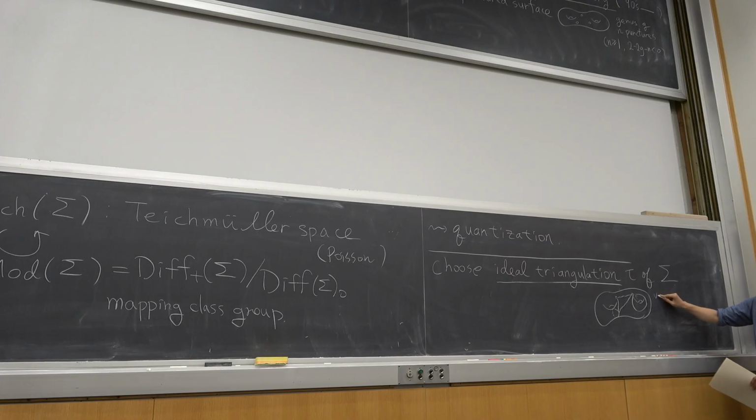So this is a triangulation whose set of vertices is the set of all punctures. That's why it's called ideal. And all the edges are considered only up to homotopy or isotopy. And even up to isotopy, there are infinitely many choices of different ideal triangulations. You choose one.